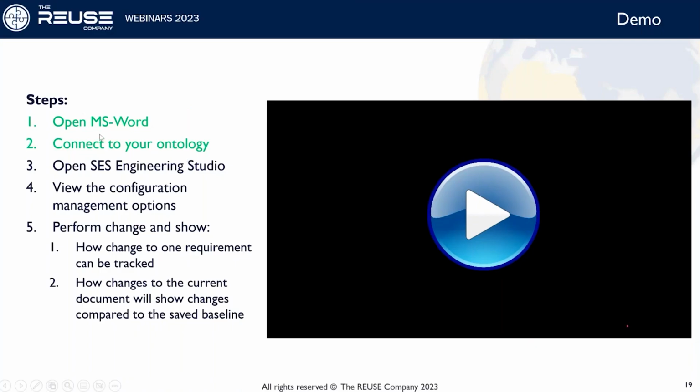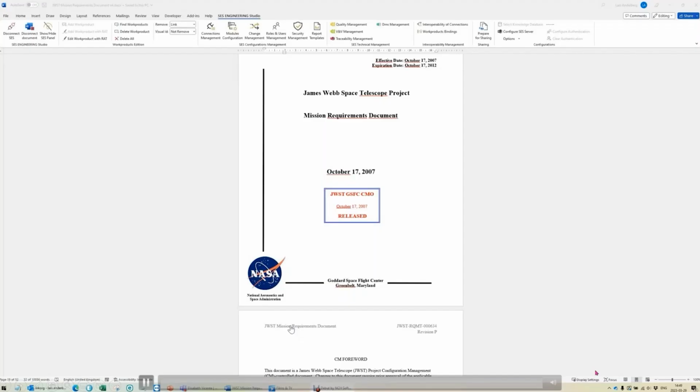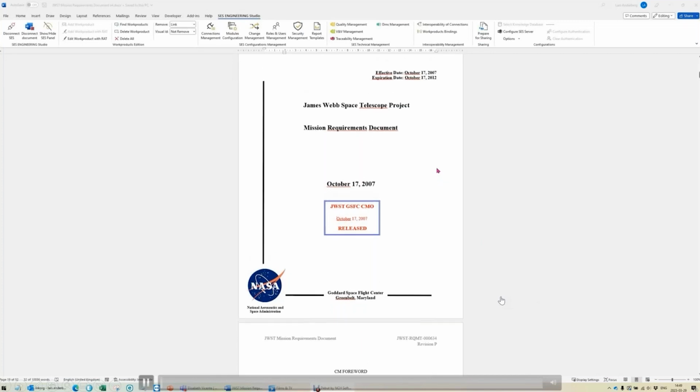So let's do a demo on our possibility to manage versions and configurations, or baselines, I should say. What I will do here is that I will open a Word file. I will connect to the ontology and be able to open SES and show the content. I will then show you how we manage change and how we manage baselines. So let's start with the presentation, with the video.